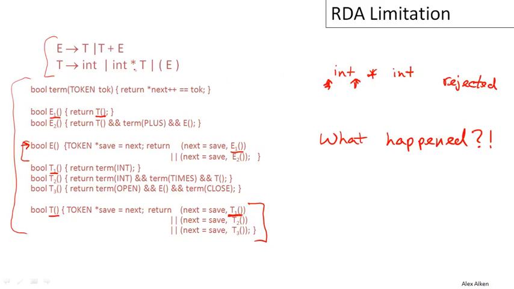Well, the story here is actually a little bit interesting. What happened is down here, when we discovered that int matched the first production for T, we said that T was done, that T had succeeded and had matched its input.